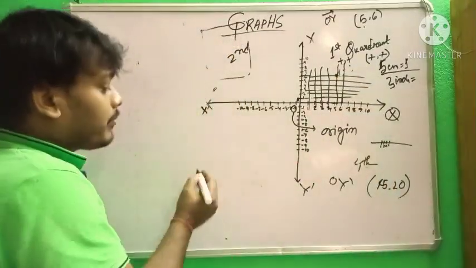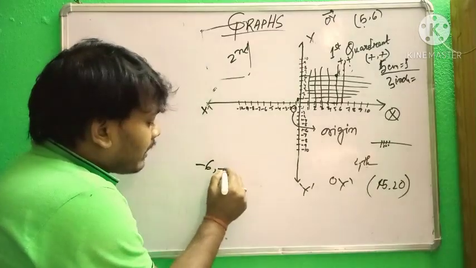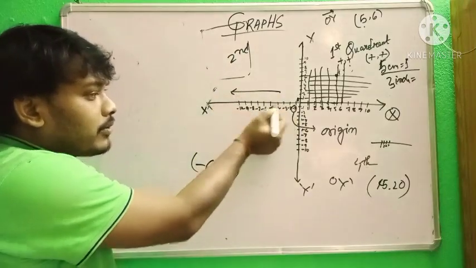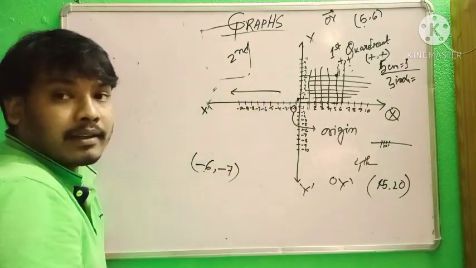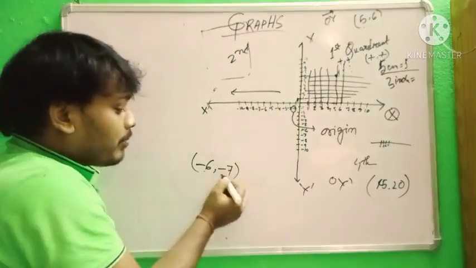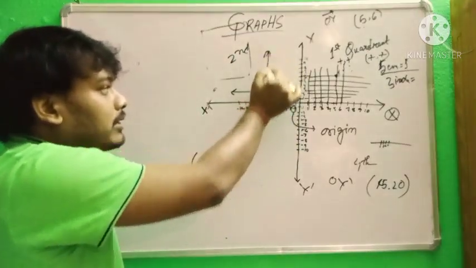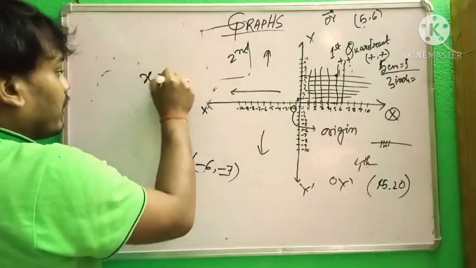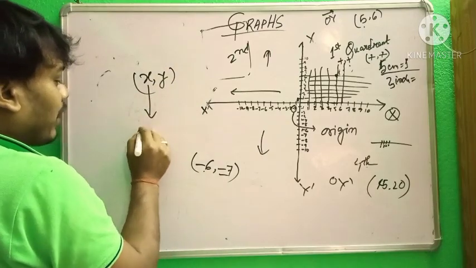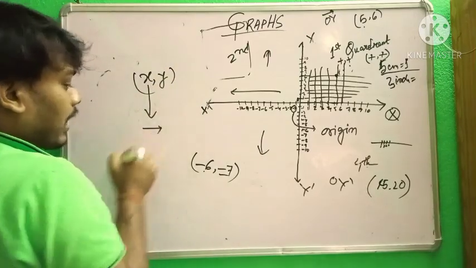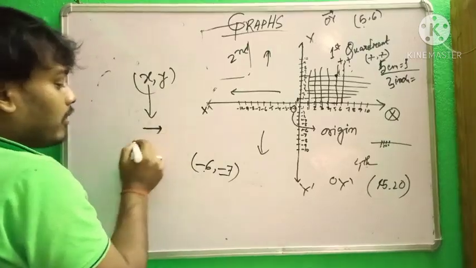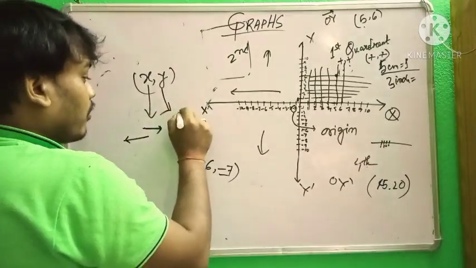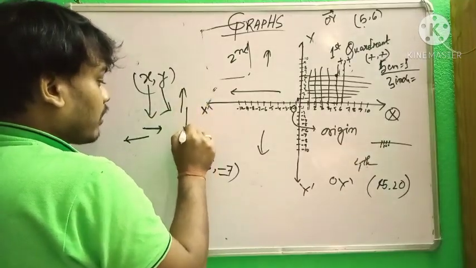Now if the point is minus 6 comma minus 7, so minus 6 means the negative direction, so minus 6 here, and next minus 7 means either upwards or downwards. First the x value, x comma y: we go for the x value either towards the right or towards the left, and for the ordinate either upwards or downwards.